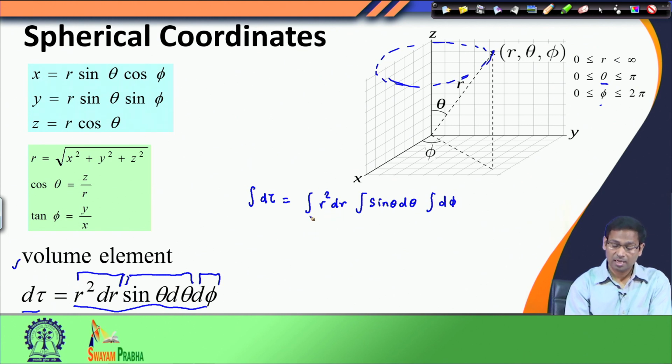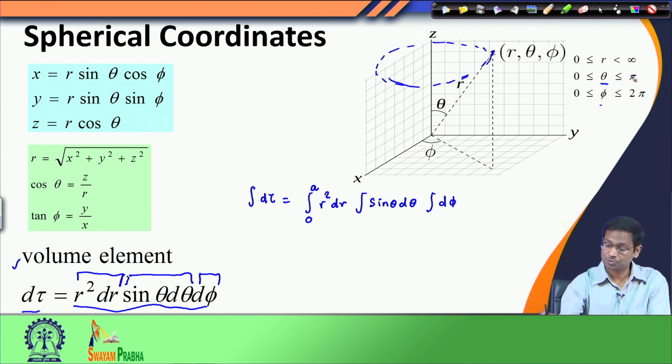For r square dr, suppose I am considering a sphere of some radius, let us say a. Of course, it can go to infinity, but I am talking about a fixed value of a. So this limit goes from 0 to a.